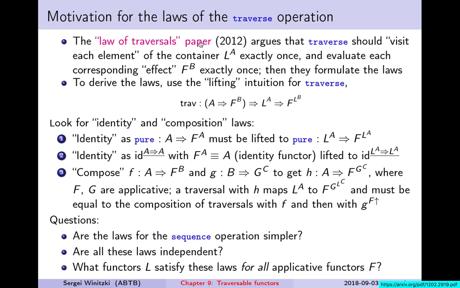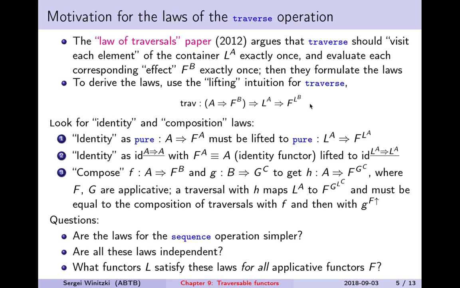I will mention that there is this paper which is arguing what laws traversals must have from a different perspective, not as formally as I have argued just now, because my argument is completely formal. Traverse looks like a lifting, therefore it should have laws like the laws we had before for other liftings. It's purely a formal argument saying that the form of this function is similar, therefore it should have similar laws.